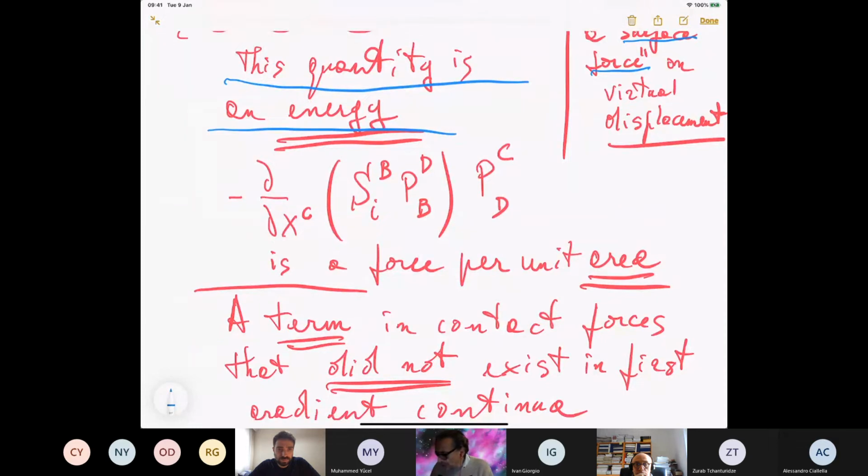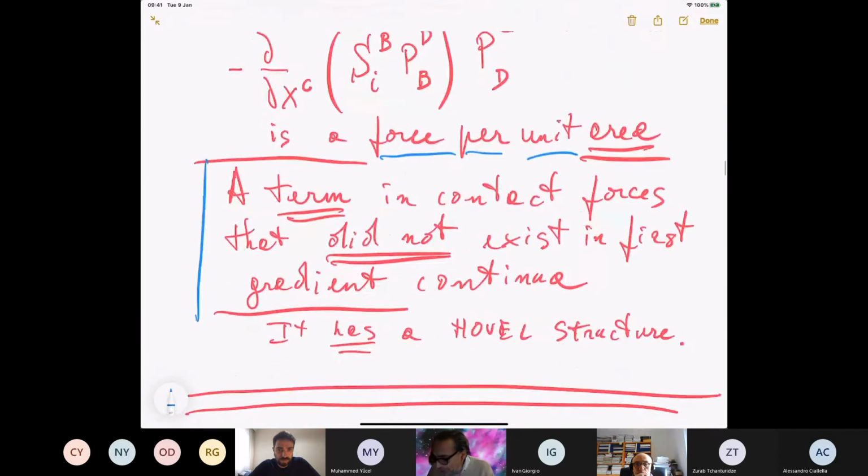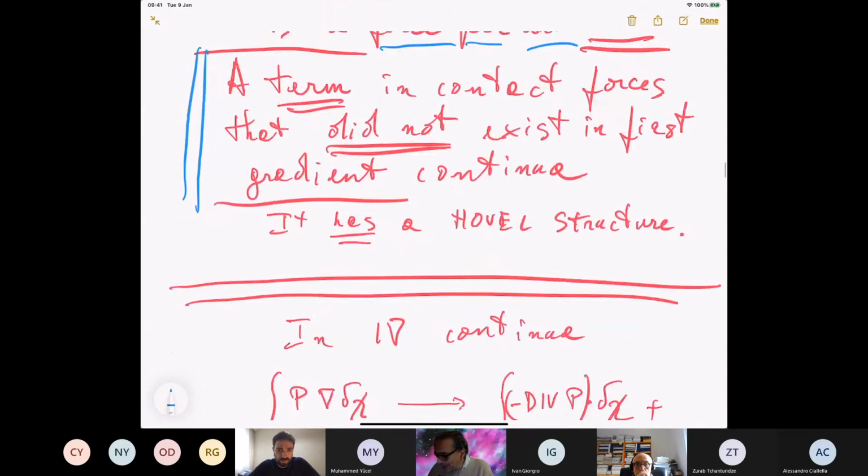Let us look at this. It is a force per unit area, and this is a term which did not exist in first gradient continua. However, it has a novel structure.